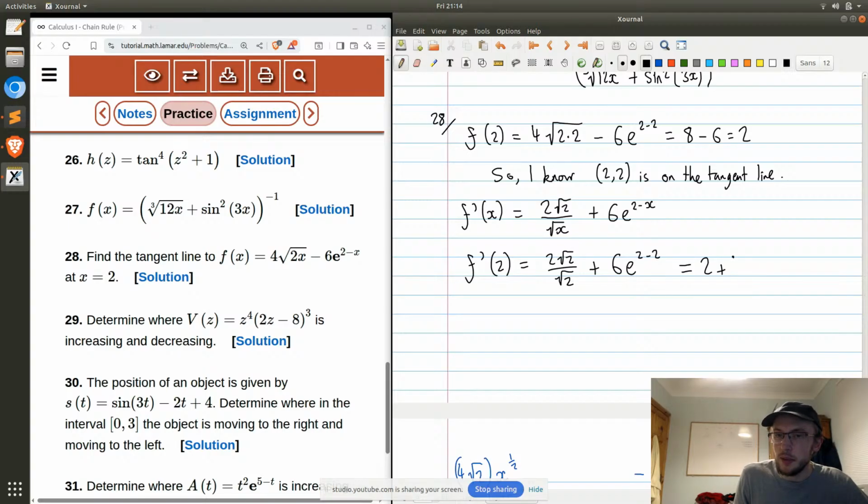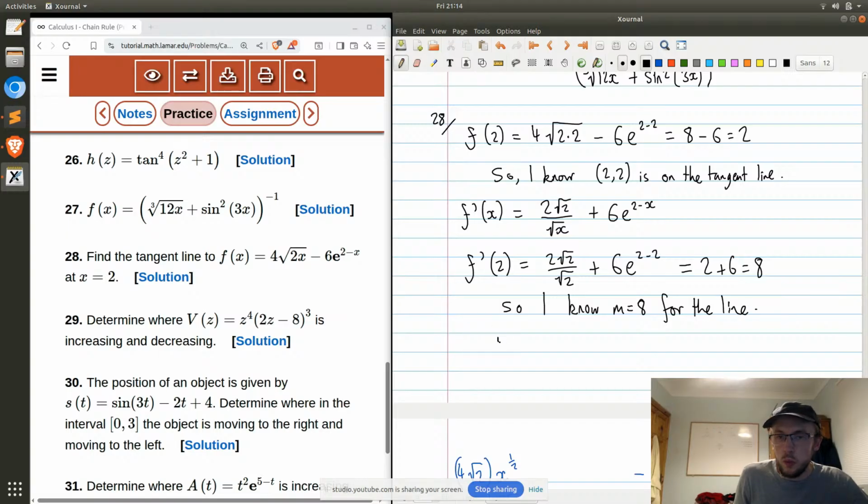That's a 1, so that becomes a 6, so that becomes an 8. And so what do I know? m equals 8 for the line.